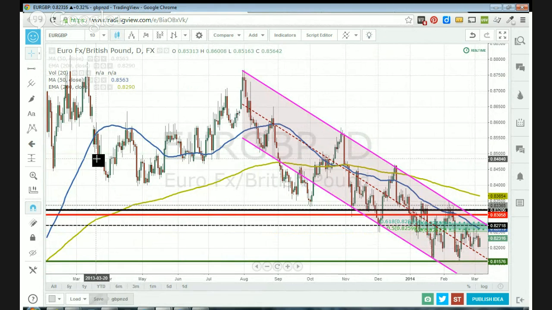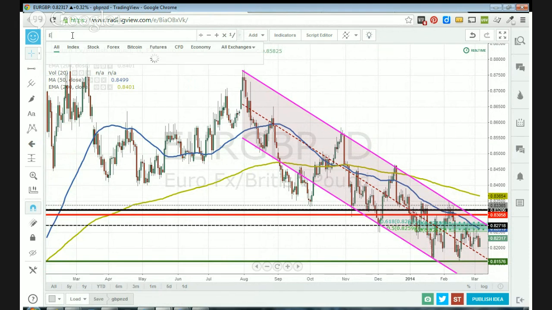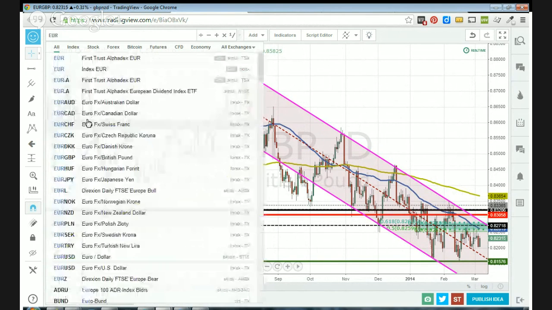Euro Pound. Still want more of a pullback here. I'm going through these pairs a little quicker because I'm not going to be placing orders today, not with the 4 trades that I have on at the moment. Euro Pound. Let's see if it pulls back. But nothing at the moment. Euro Yen.